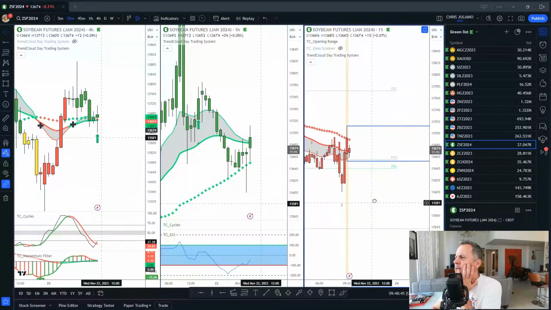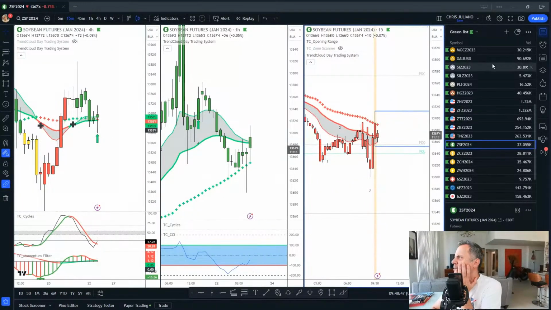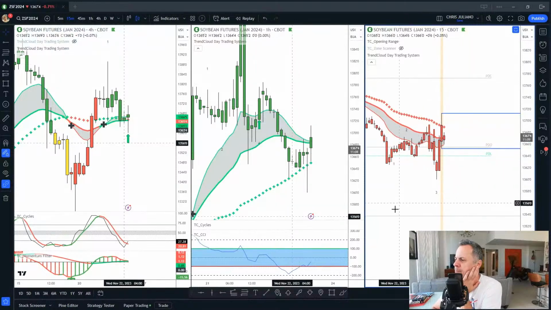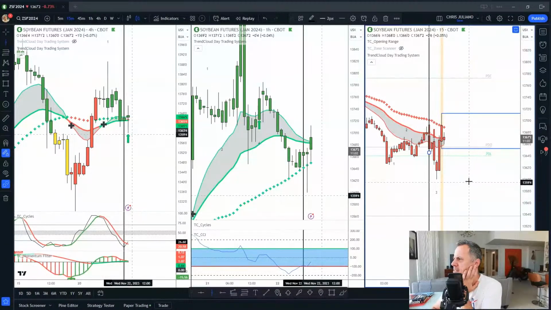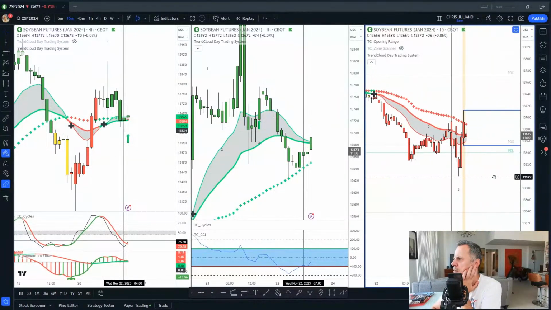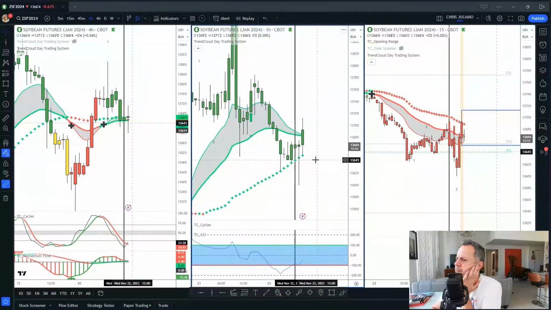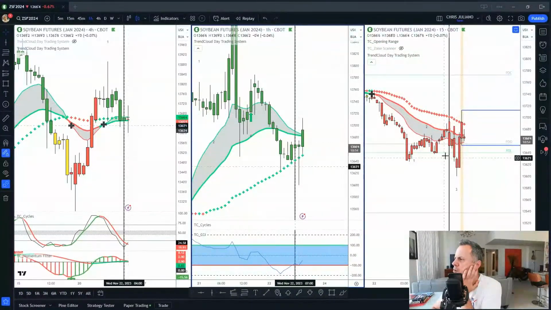Let's put on TrendCloud here, and if we're trying to line up some signals, because you can do that too, line up these down signals. These down signals have more weight to them than this, right?